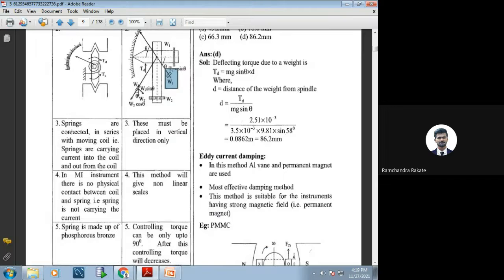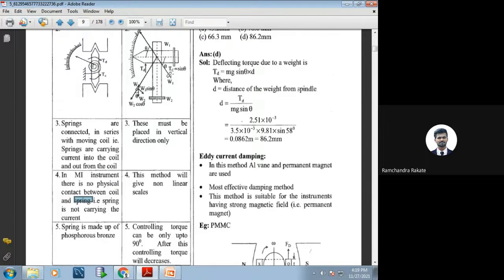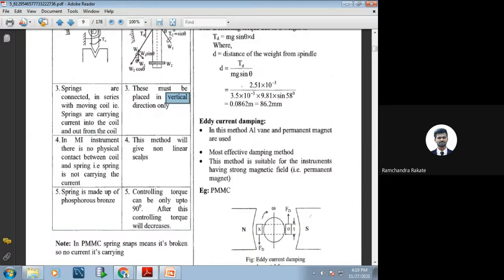The springs are connected in series with the moving coil, and this is used in the MI instrument, where we cannot observe any physical contact between the coil and the spring. On the other hand, we have the counterweight, which is used for the vertical direction only. This is the basic difference.